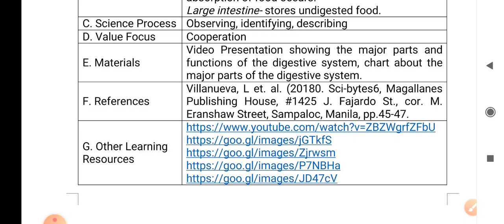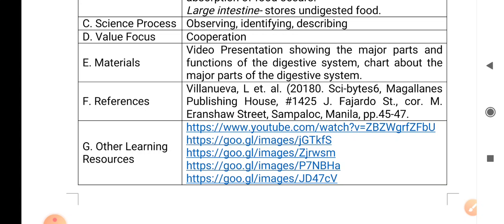And of course, your references. Don't forget to include, most especially if you are going to use online sources. And if you opt to use online sources, it should be in the form of what? APA format.